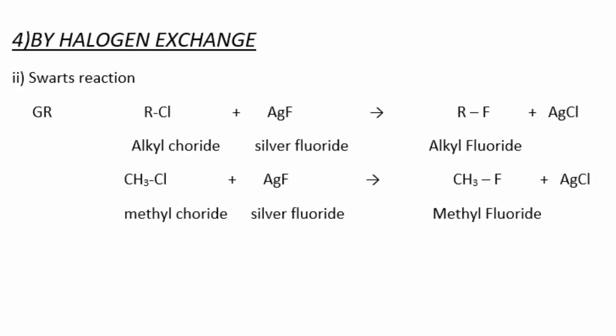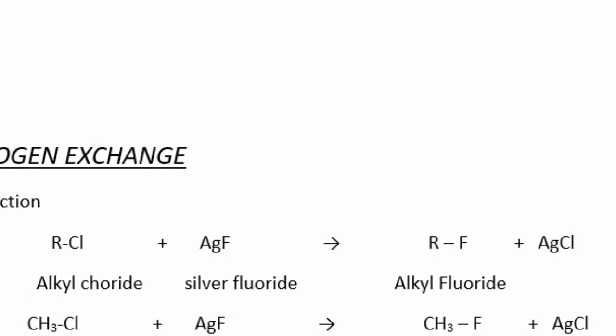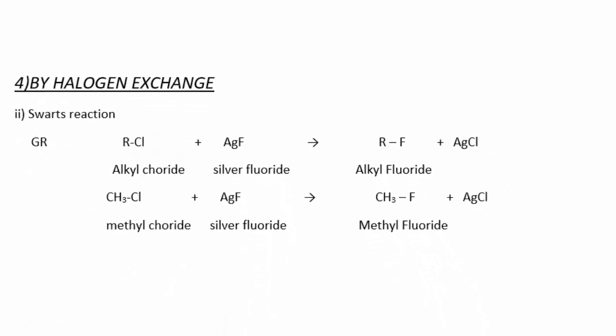In the Swarts reaction, whenever we react any alkyl chloride or alkyl bromide with silver fluoride, there is an exchange of halogen between the alkyl halide and silver fluoride. It results in the formation of alkyl fluoride with a side product. This Swarts reaction is basically used for the preparation of alkyl fluoride.